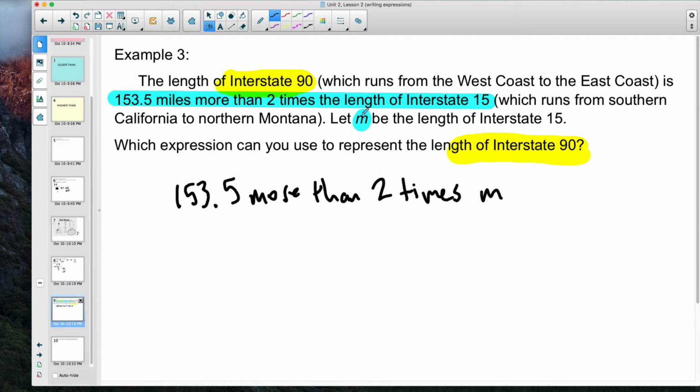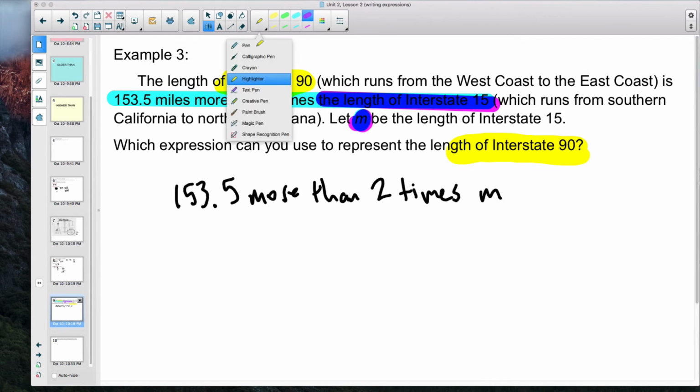I'm taking m and I'm letting that represent the length of Interstate 15. So these two things, I'll change the highlighting color. The length of Interstate 15 and m, that m represents that. So all I'm doing is writing an algebraic expression for 153.5 more than 2 times m, which you can do. It's a whole lot easier than that whole word problem.